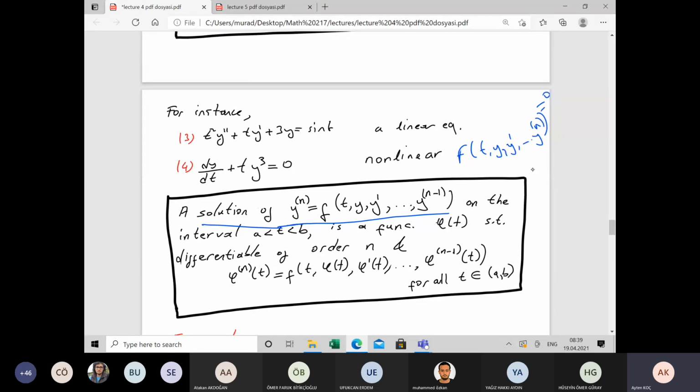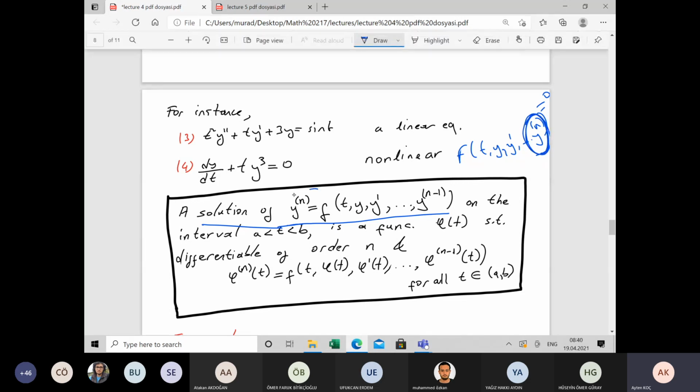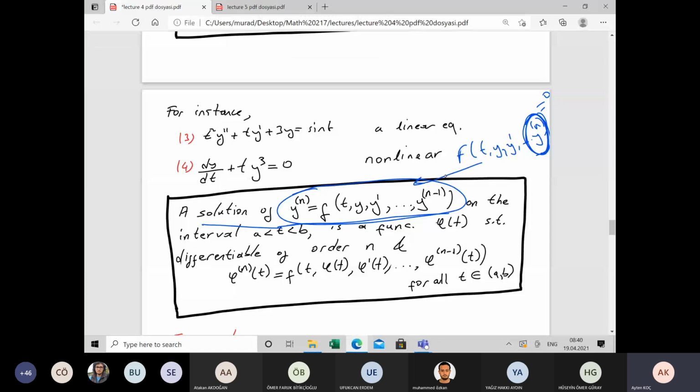So solve for the n-th derivative of y, and we obtain this one. So a solution of this equation means a solution on the interval t between a and b.